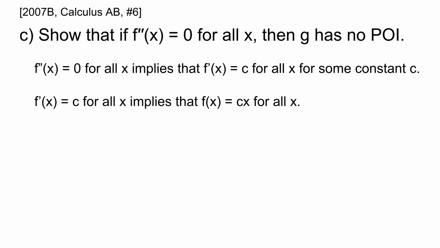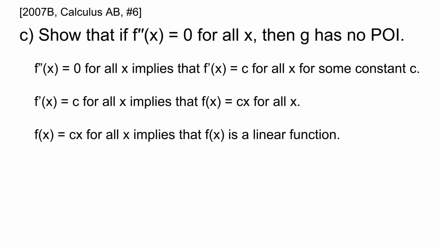Well, if that's the case, and f prime of x is equal to c for all x, that would imply that f of x is that constant times x for all x. And if f of x is equal to a constant times x for all x, this implies that f of x is a linear function.